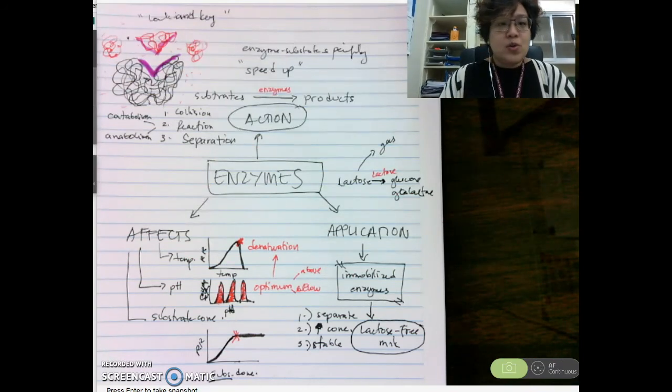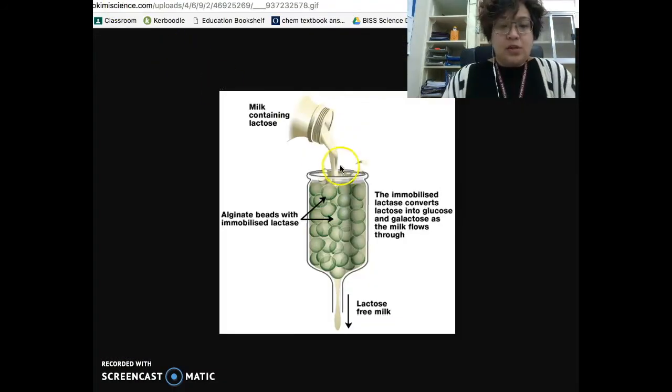Okay, let me show you a picture. Okay, so a simplified model illustration here. So you have immobilized enzymes here, lactase enzyme. Remember the gel beads. So this contains high concentrations of your lactase enzyme, and the idea is you're gonna pour milk rich in lactose through these beads of lactase, and what comes out from the container is glucose and galactose.